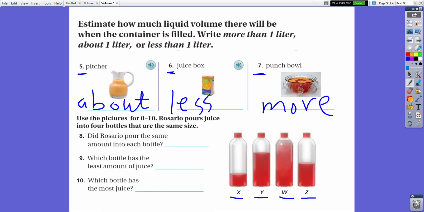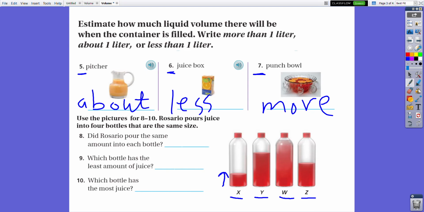But look at the liquid inside. Each bottle holds a different amount of liquid. Look at X. It doesn't hold that much liquid.